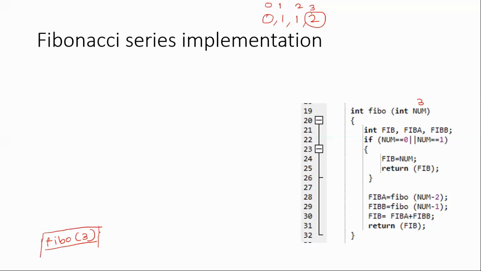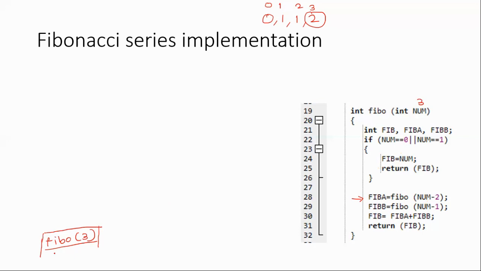So Fibo 3, when it's passed here, the condition is going to be checked. This condition is not going to be satisfied. If this condition is not satisfied, next it will come to this position. Now the Fibo you are passing here, when it's called, is supposed to return.